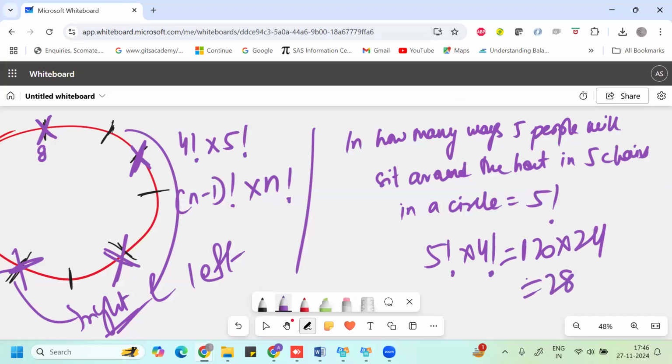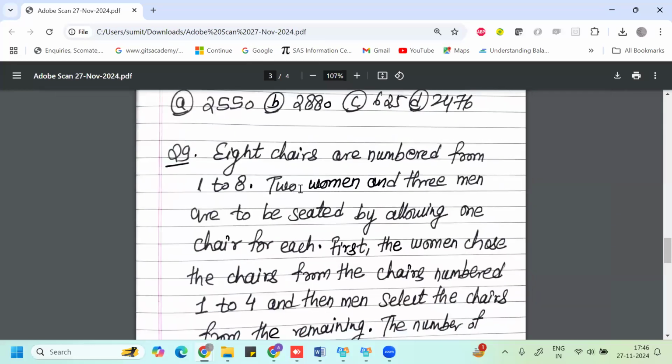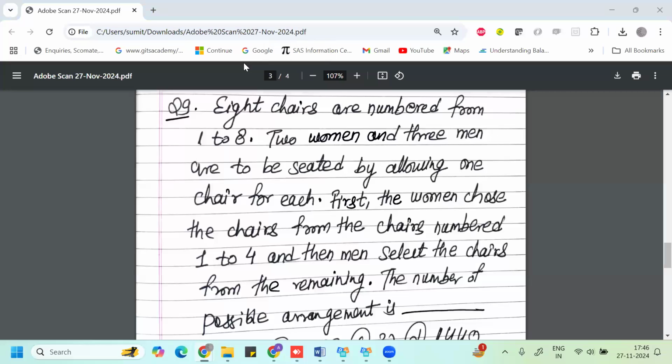If you solve it, you'll get 2880. Try this question number 9, everyone.